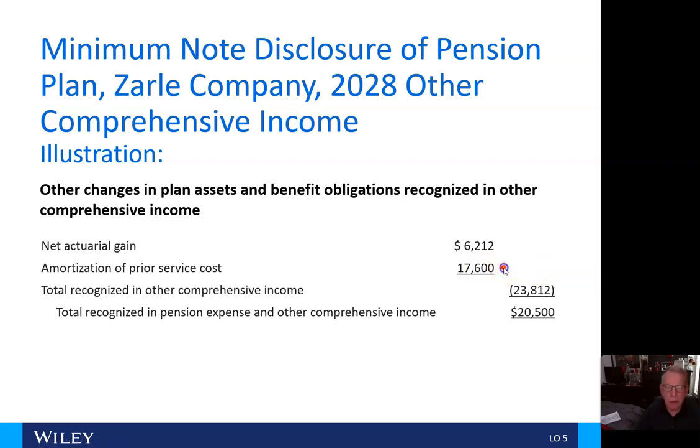We have amortization of prior service cost, $17,600, for a total recognized in other comprehensive income of a negative $23,812. So the total recognized in pension expense and comprehensive income, therefore, is $20,500.